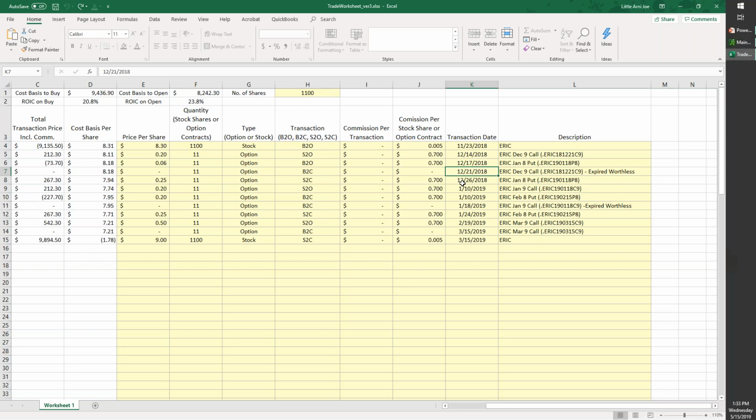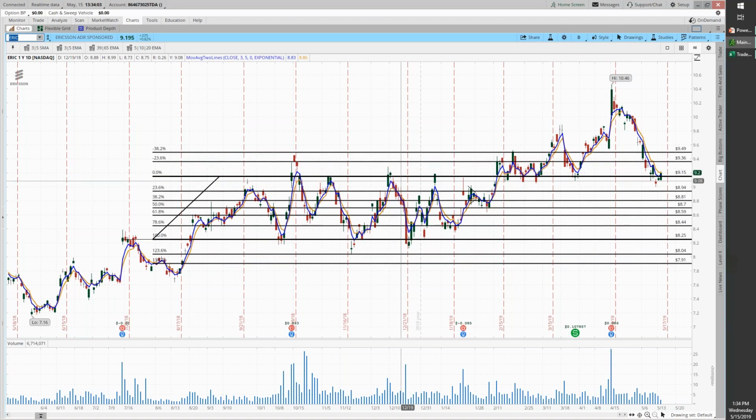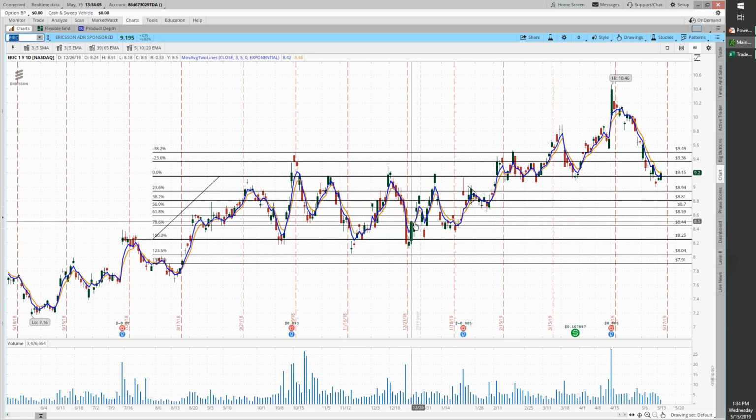Here's the cool part. A couple days later, I sold back the insurance. Now, some of you are going to get this, some of you are not. But if you sell back the insurance, notice the difference. I paid 6 cents for the insurance. I bought the insurance at the same time I sold the premium when the underlying symbol was at a top. I sold back the insurance after it hit a bottom.